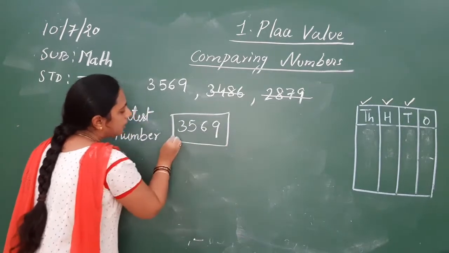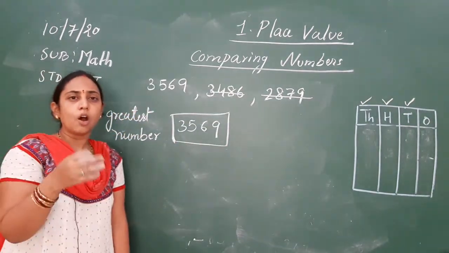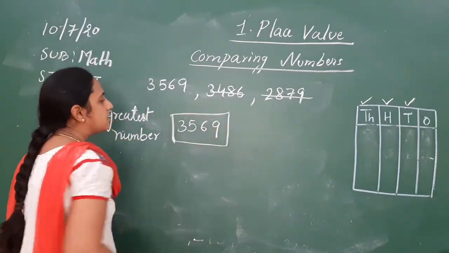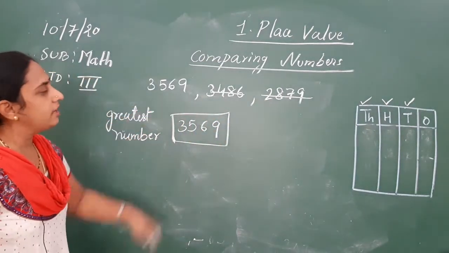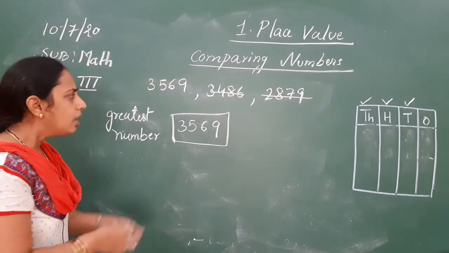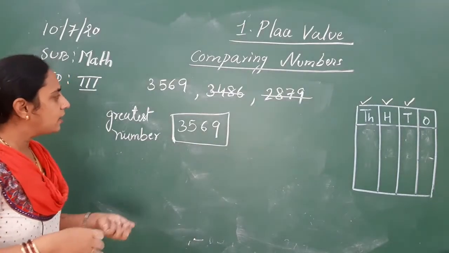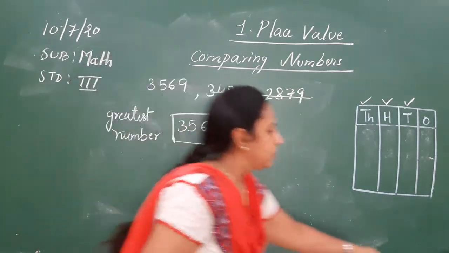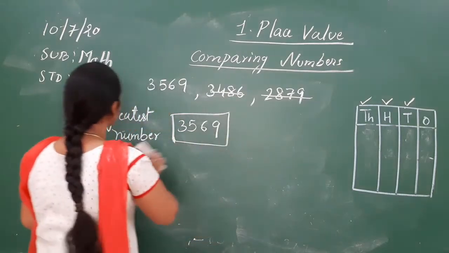So, we got the number. So, this is like odd one out. Whichever is the odd one, it is just out and we can find the greatest number. Okay, if we want to write this in order, then chalo, we will do that not now. So, we will check with some more.